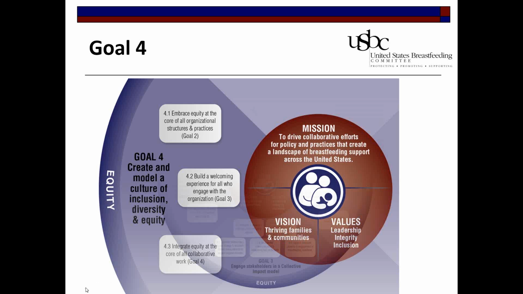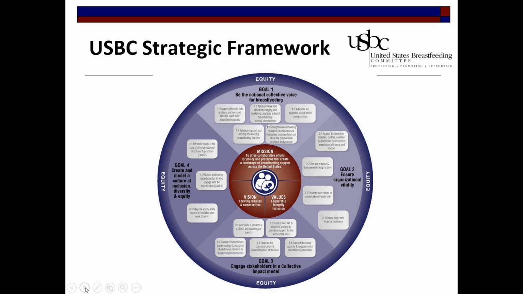And that is our strategic framework. It allows us flexibility to work within our organization, to build where we need to build within, so that we can build and help those build and on the external edges of USBC, so that we can all work together for the landscape of breastfeeding. Next slide.